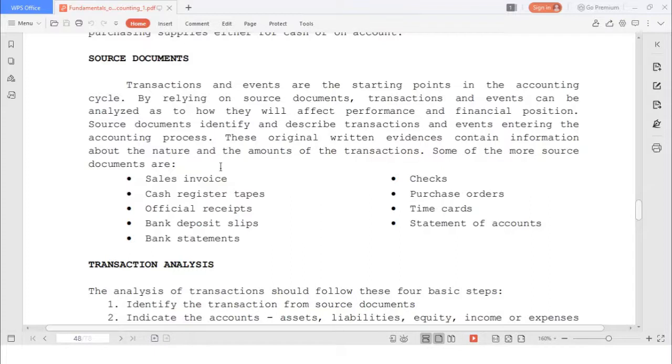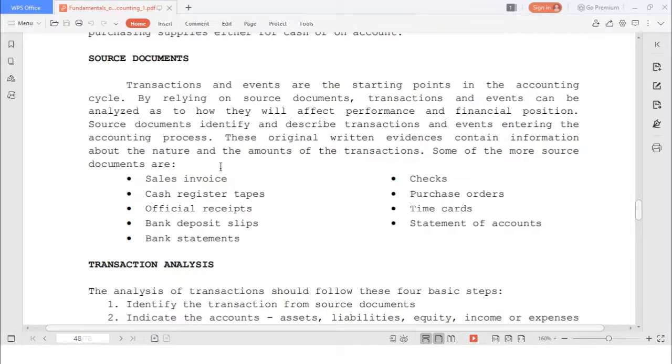So, transactions and events are the starting point in the accounting cycle. By relying on source documents, transactions and events can be analyzed as to how they will affect performance and financial positions. Thus, source documents identify and describe transactions and events entering the accounting process.